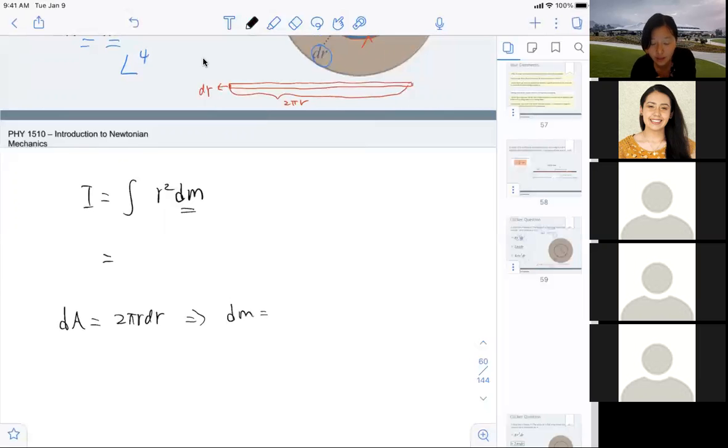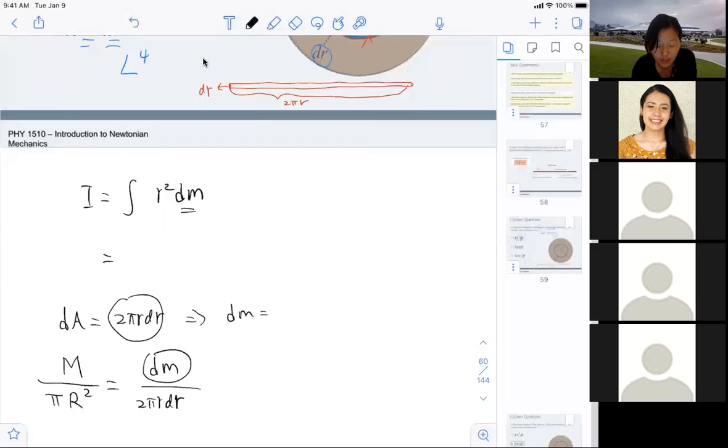And again, I can get that from the proportion, thinking for the entire disk, it has mass m of area pi r squared. Well, that's the entire disk, right, with this area. But I'm taking a small chunk with this area, and what is the little mass contained in that area.